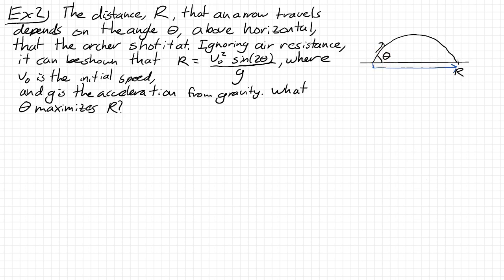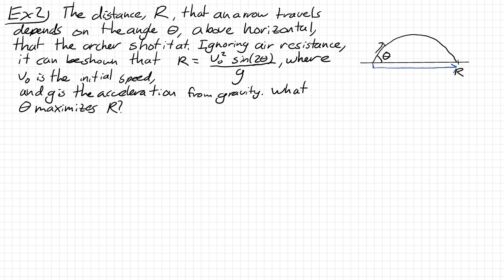if you ignore air resistance, then you can do some physics and find that, just due to gravity itself, the distance it goes will be equal to the initial speed squared, times sine of 2 theta, divided by g, which is the acceleration from gravity. And you'll have to trust me that all of these units work out.